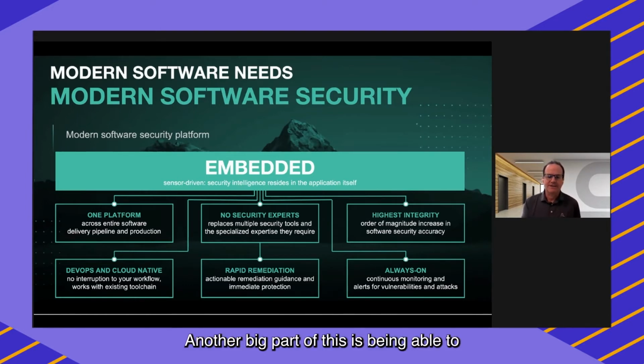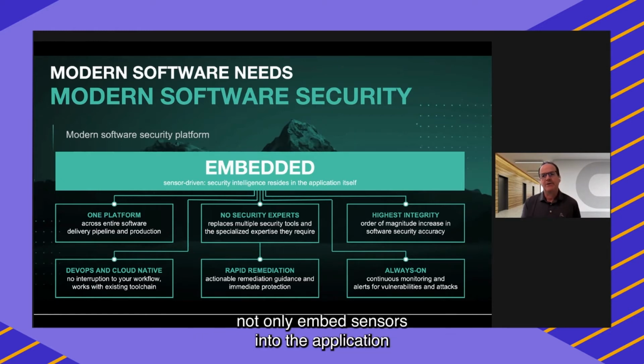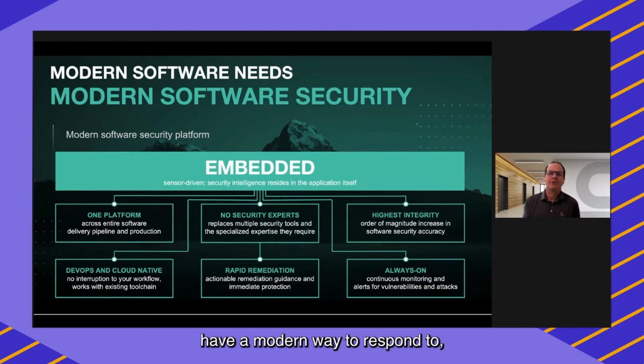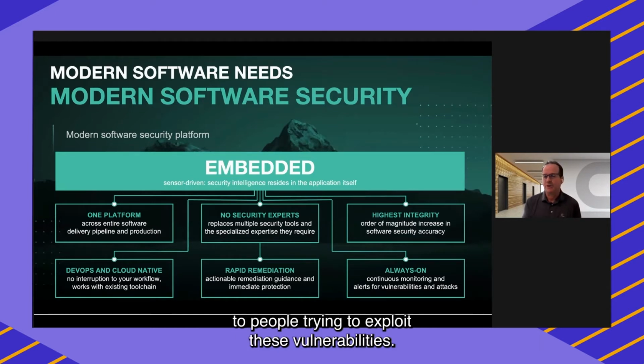Another big part of this is being able to not only embed sensors into the application as it's being written and uncover vulnerabilities that can be fixed before applications get released to production, but also, on the shift right side of things, have a modern way to respond to people trying to exploit these vulnerabilities.